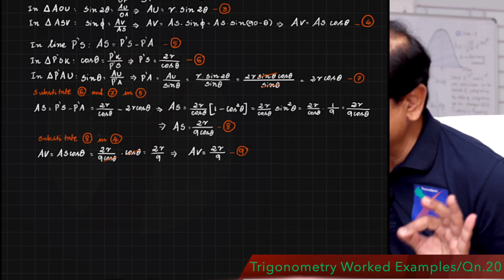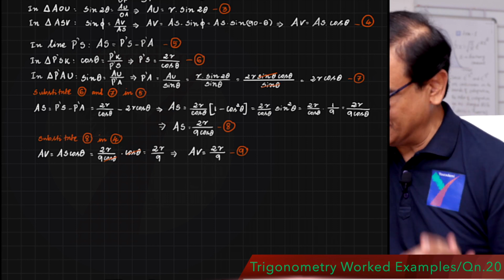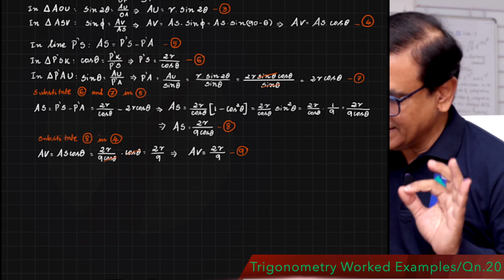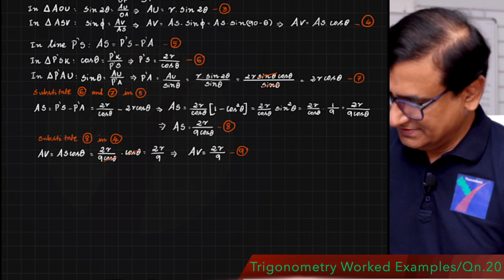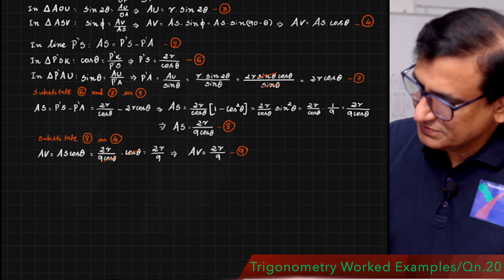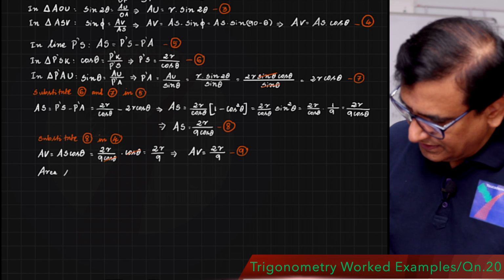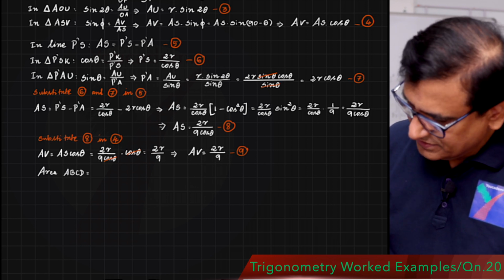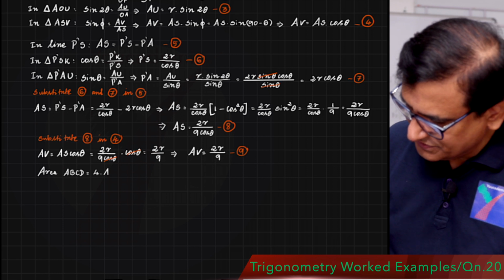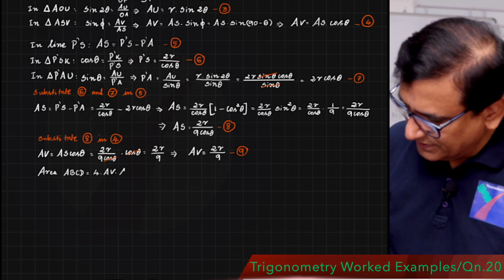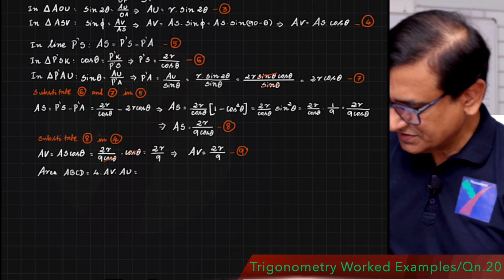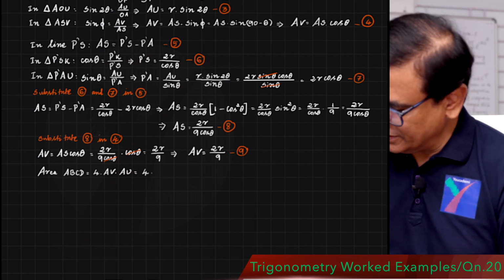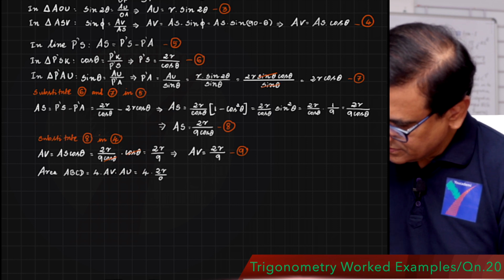Therefore, the area of the rectangle is 4 AV multiplied by AU. We have AV from equation 9 and AU from equation 3. Therefore, area ABCD equals 4 times AV multiplied by AU, which is 4 times AV, that is 2r divided by 9.